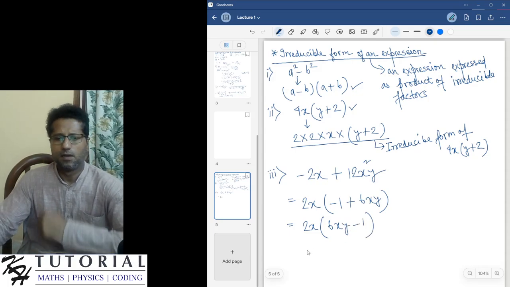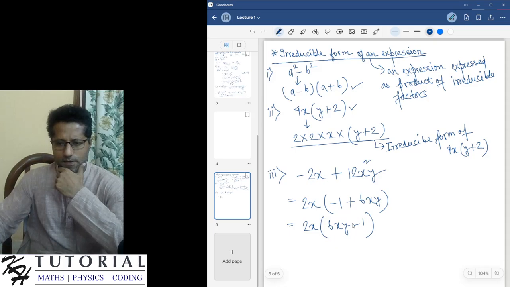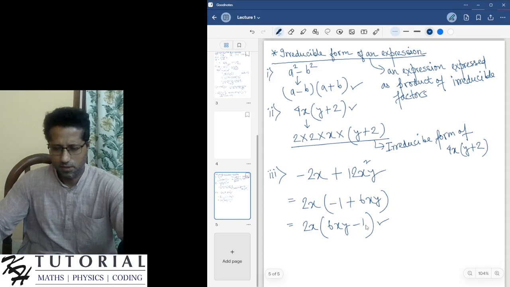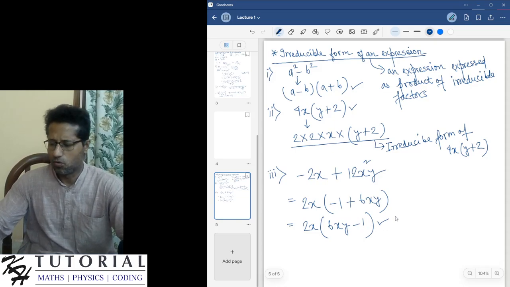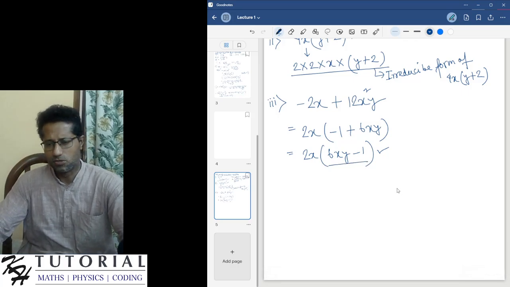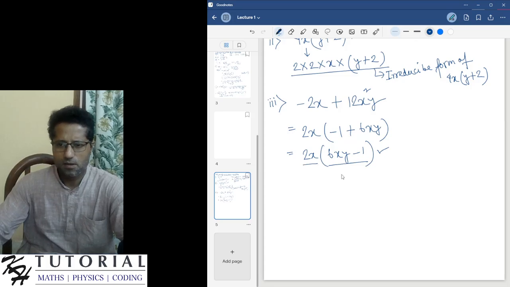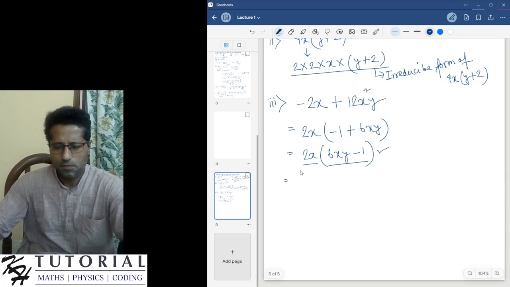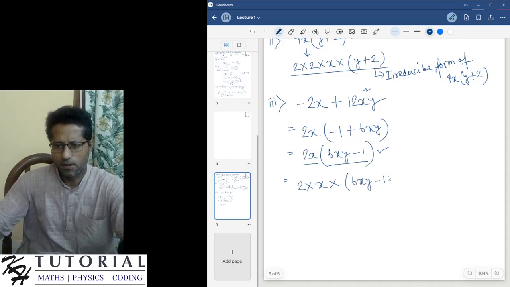minus 1. Now, is this in irreducible form? No, because this factor is an irreducible factor, but 2x is not an irreducible factor. We have to express 2x as 2 multiplied by x, multiplied by 6xy minus 1.